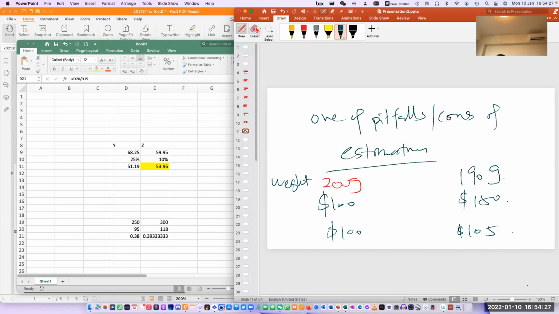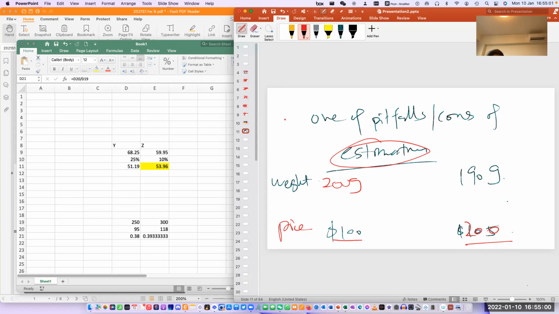If the weight is very close to each other, and the price is also very close to each other, your estimation will not be very accurate. If the price is vastly different, like this is 100 but this is 200, then you can use estimation, and your outcome will be quite accurate.